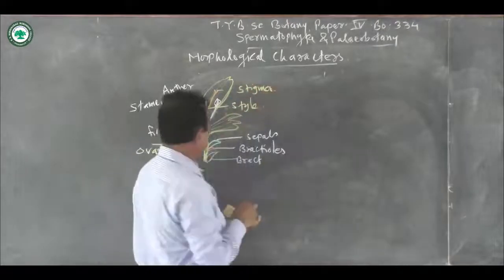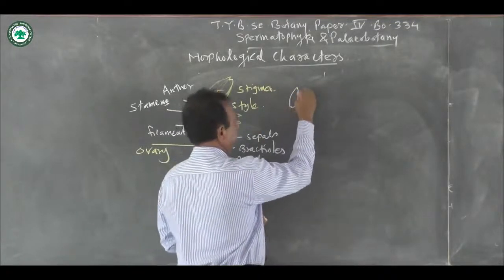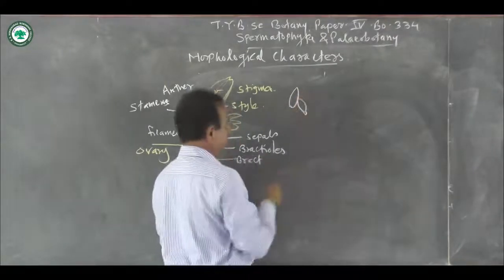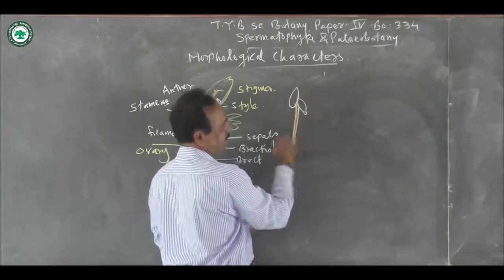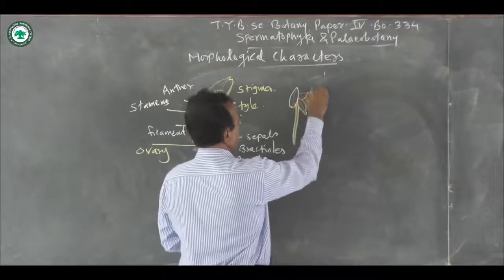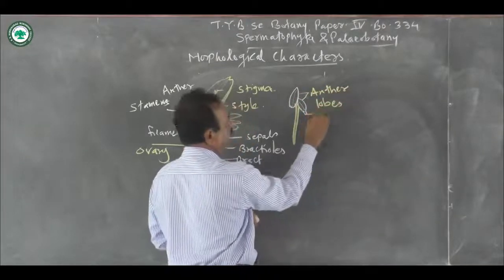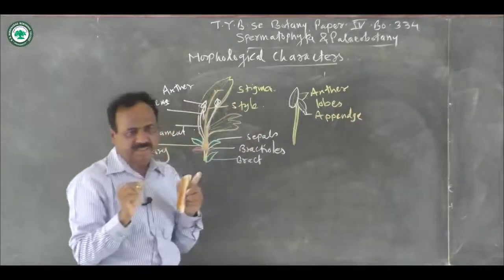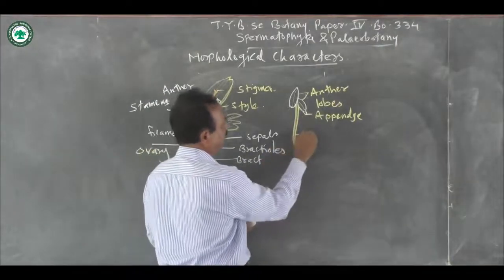So if we see the structure of the stamen, it is like this. It shows the presence of 2 lobes, but their anthers are at unequal height or unequal length. These are the 2 anther lobes, and it shows the presence of an appendage. A small elongated beak-like structure is present to one anther. It is known as the appendage, and this is the filament.